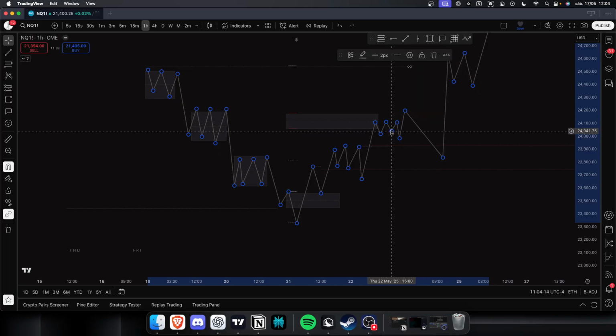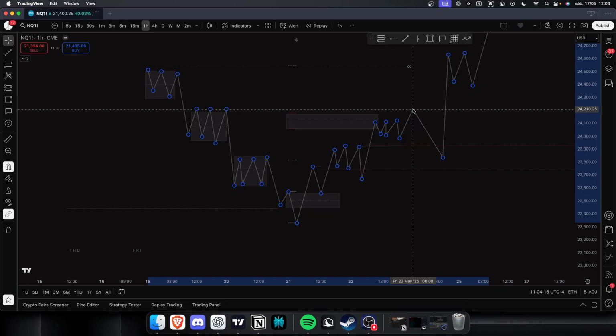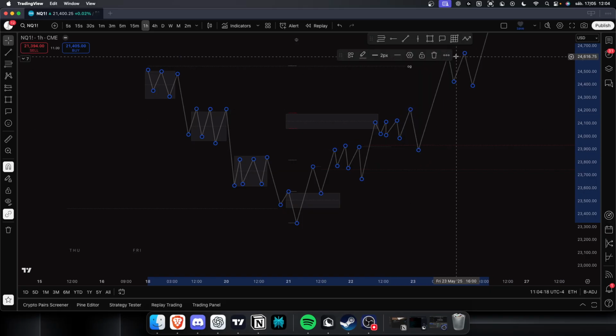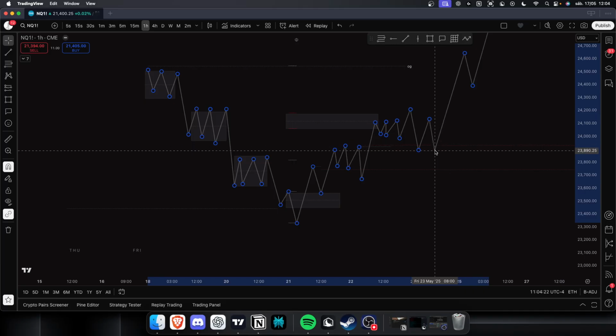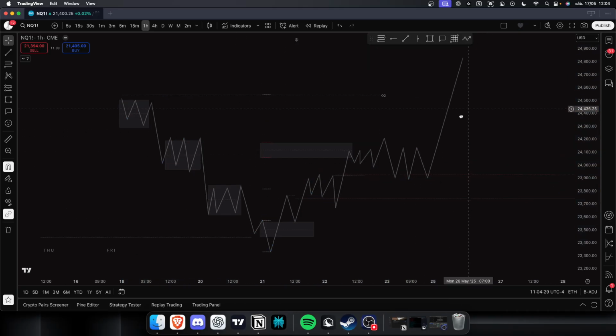And then this should start an opposing market maker model. And what I mean by this is you'll get exactly the same thing that you're seeing here, but to the downside.